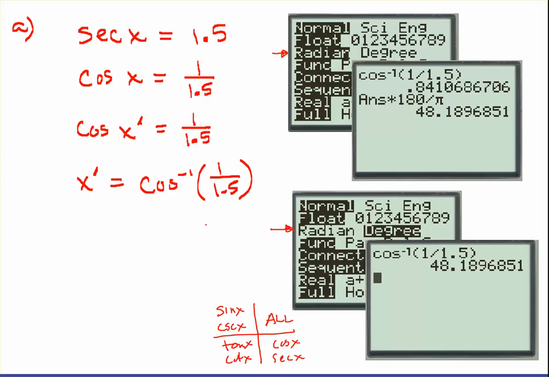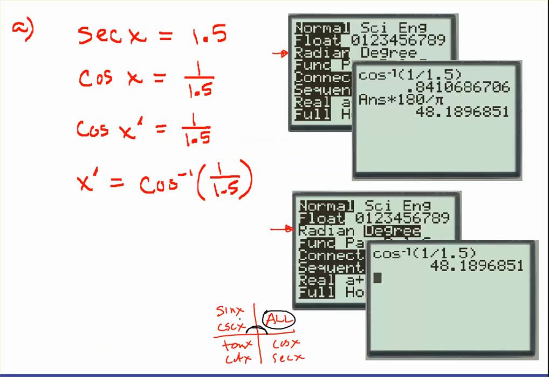For cosine inverse, we only need to figure out 2 quadrants where cosine is positive and cosine is negative. That's how it works. So cosine is positive here and negative in quadrant 2.